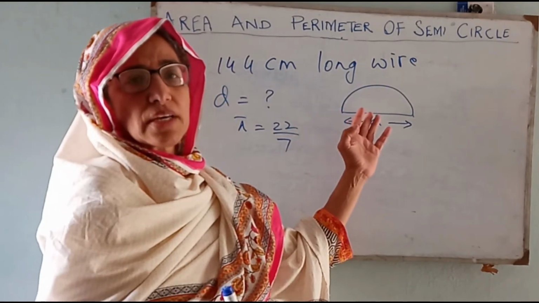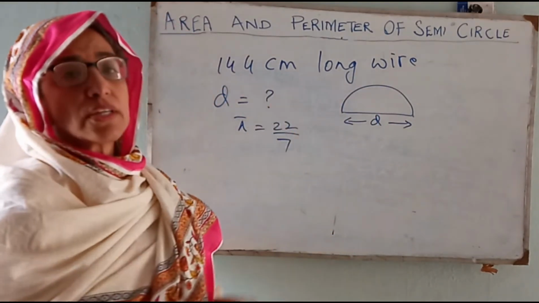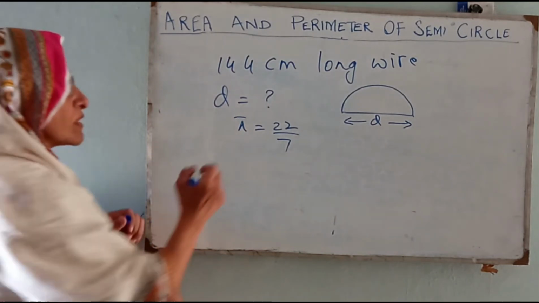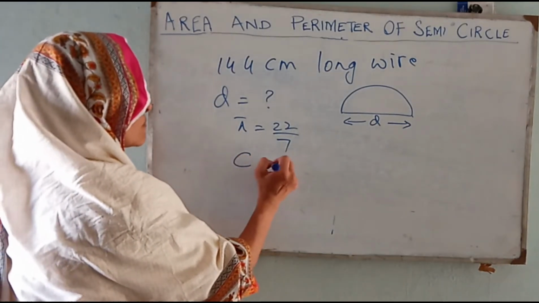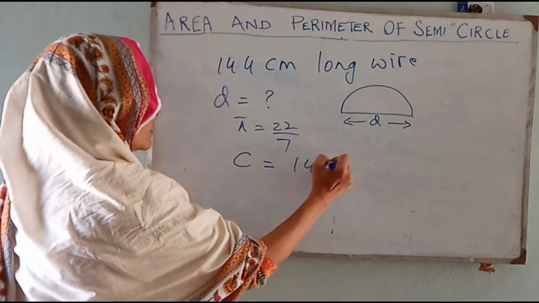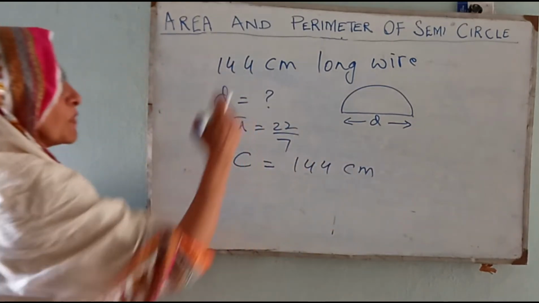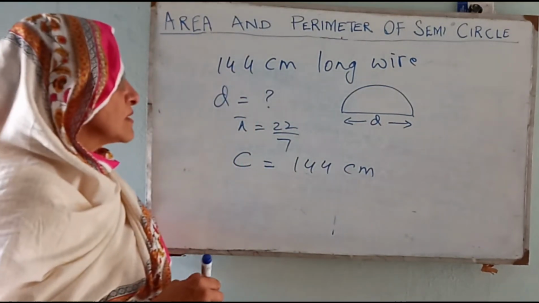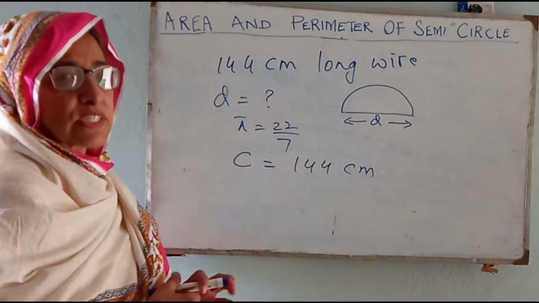So that means we are given, what is this 144? This is the perimeter or circumference given as 144 cm. So this 144 is the circumference of the semicircle.